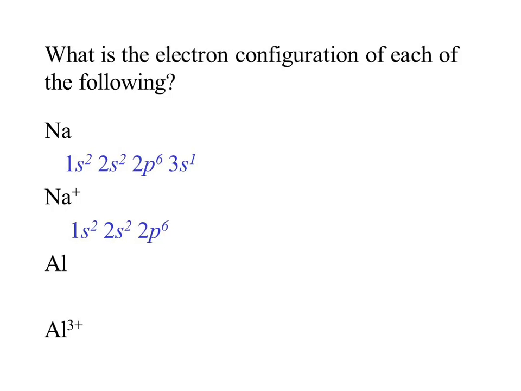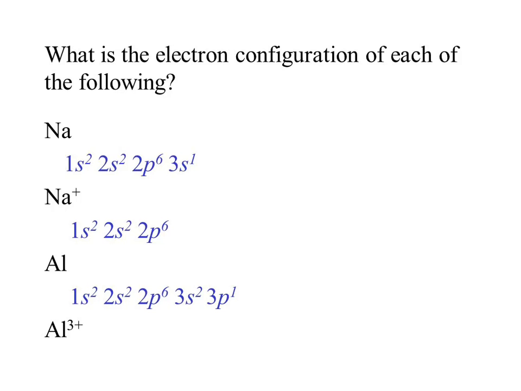Sometimes on a test, I want to think maybe a chemistry graduate entrance exam, they actually will ask you how are electrons configured for a cation. And to me, the only way you can come up with that is to first write how electrons are configured around the regular atom. Identify your valence electrons and then subtract them. So aluminum is atomic number 13. So these are how the 13 electrons are hanging out around a neutral aluminum atom.